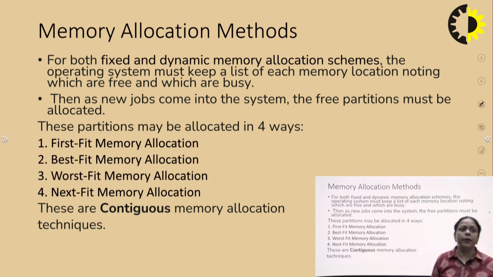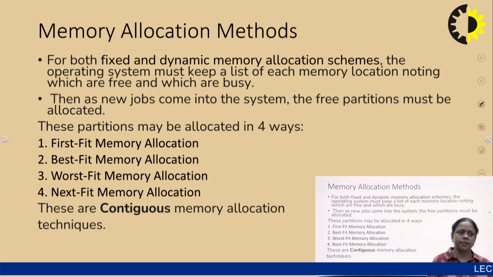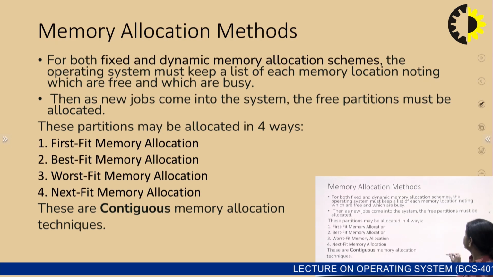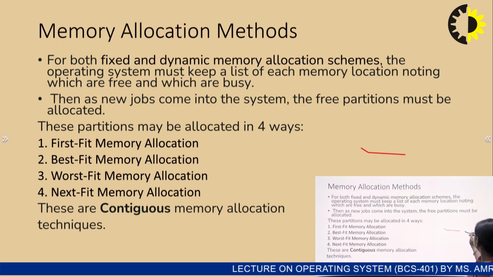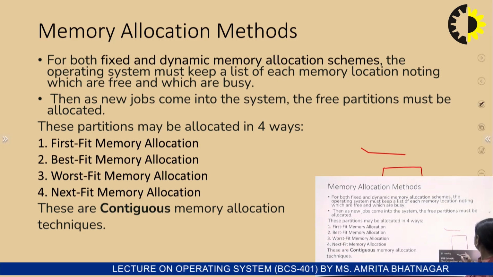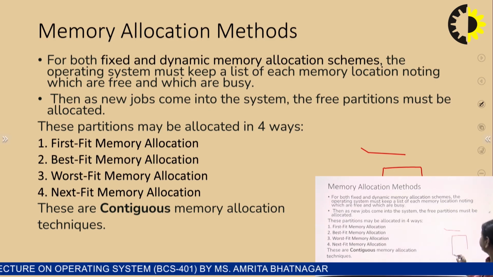Now, memory allocation methods. For both fixed and dynamic memory allocation schemes, the operating system must keep a list of each memory location, noting which are free and which are busy. Then, as a new job comes into the system, a free partition must be allocated. For example, you can see here this is the memory, and these are all partitions of the memory.